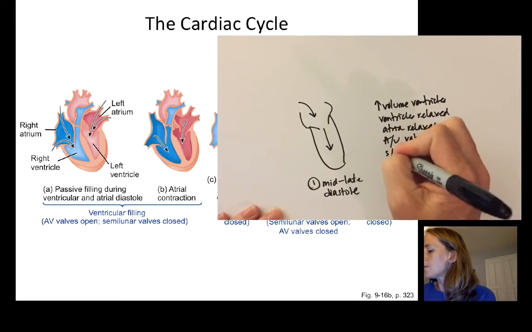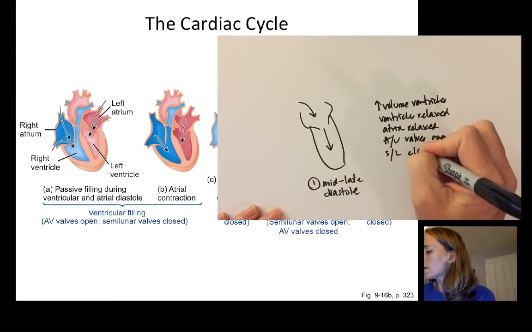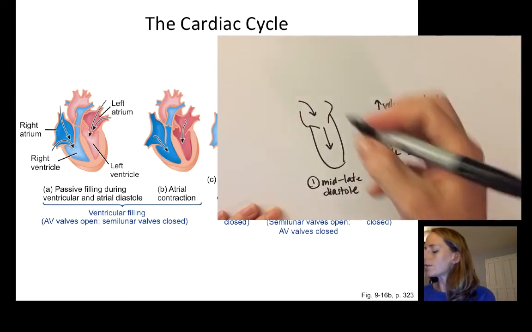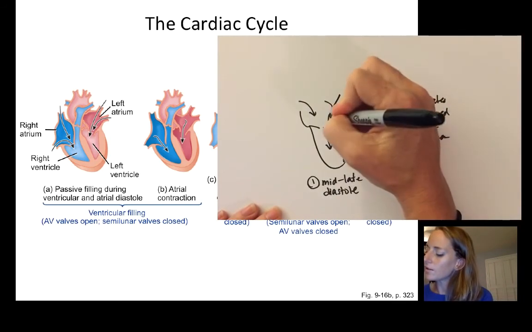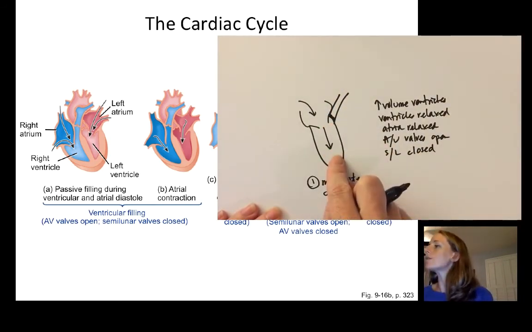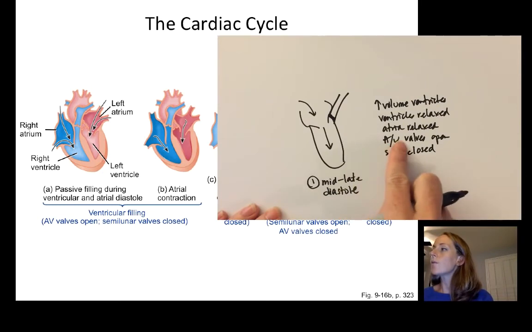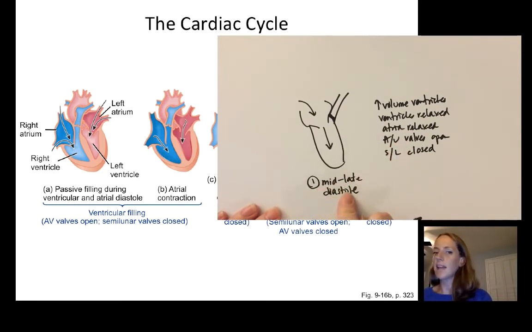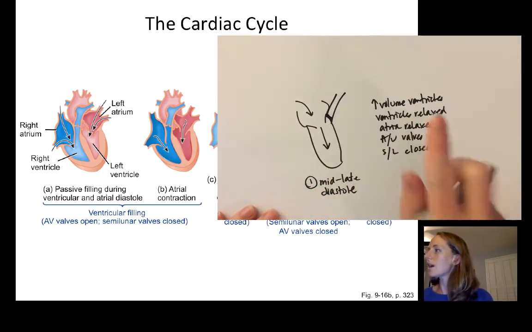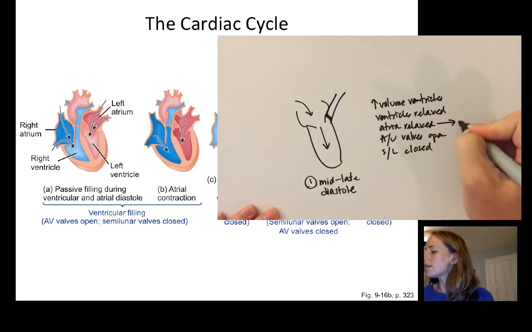The semilunar valves will be closed. Oops, so I should draw my trunk here, and my semilunar valve closed. And then I want you to note at each phase if anything changes. So the one change that we have in mid to late diastole is that the atria start out relaxed and then they contract.